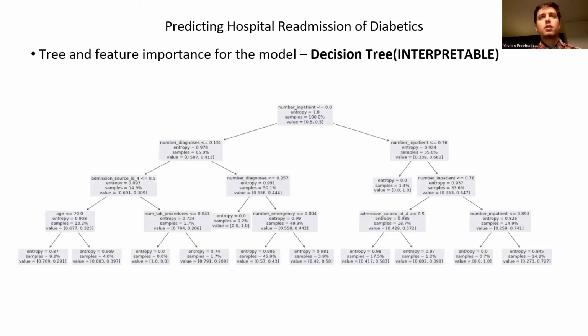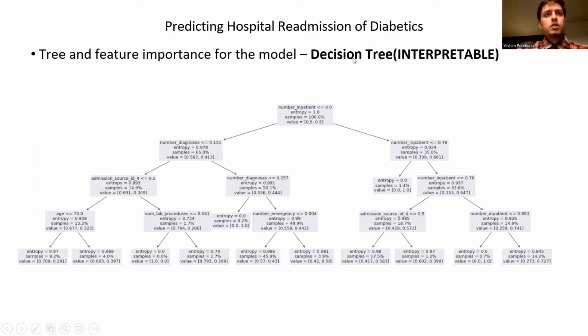For our next model, namely decision tree, which is also interpretable, we can just plot the created tree. By the way, we decided to make it not very dense, to make it more explainable and easy for understanding. And here we can analyze our features by importance, starting from the root. We see the most important feature is number of inpatient.